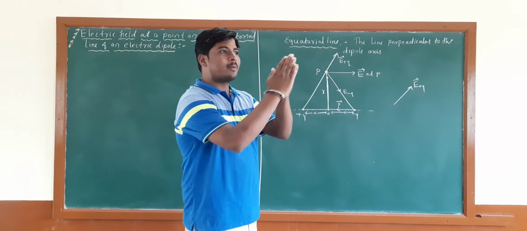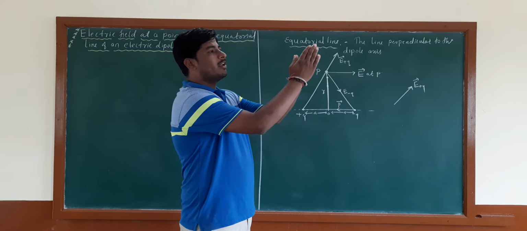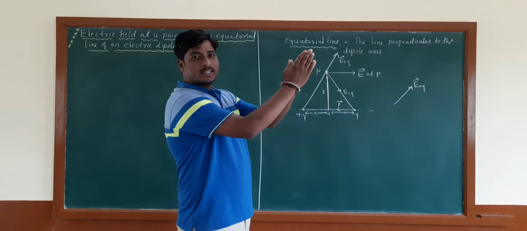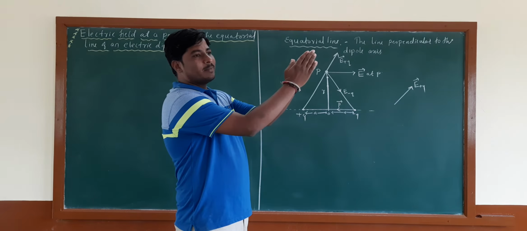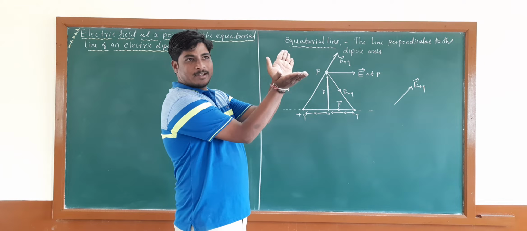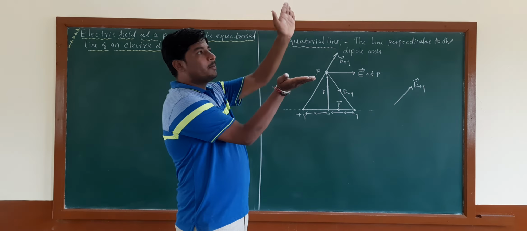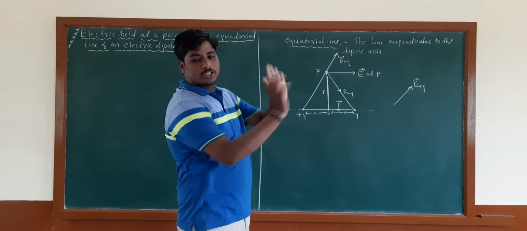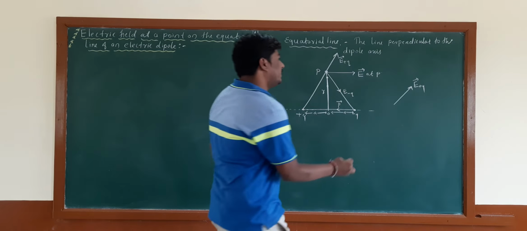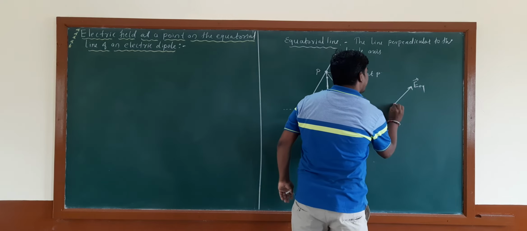We know how rectangular components split. Rectangular components are the components which are perpendicular to each other. So this E plus Q is resolved like this, into one vertical component and another horizontal component.